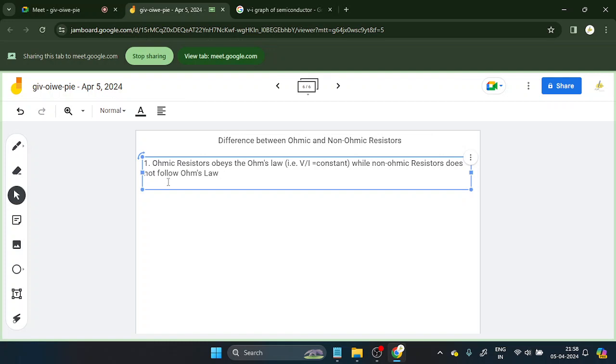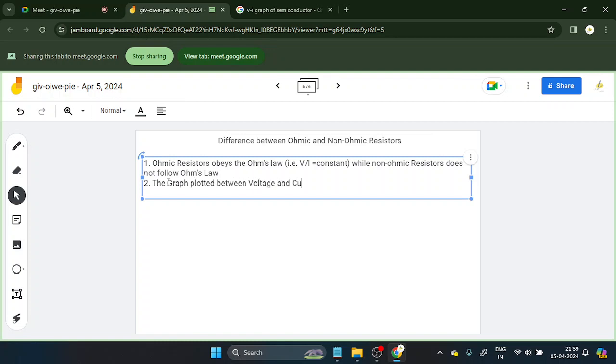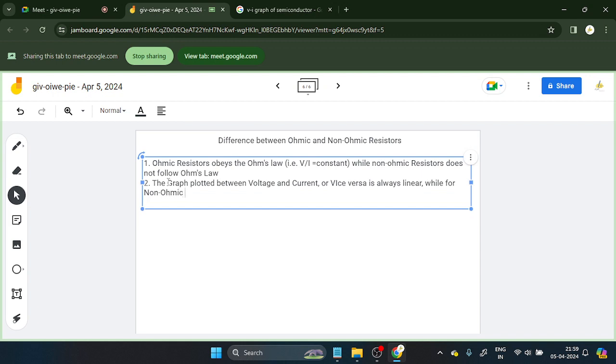Now, number second: because they follow Ohm's law, the graph plotted between voltage and current or vice versa is always linear. Yes or no? While for non-ohmic resistors, what will happen?